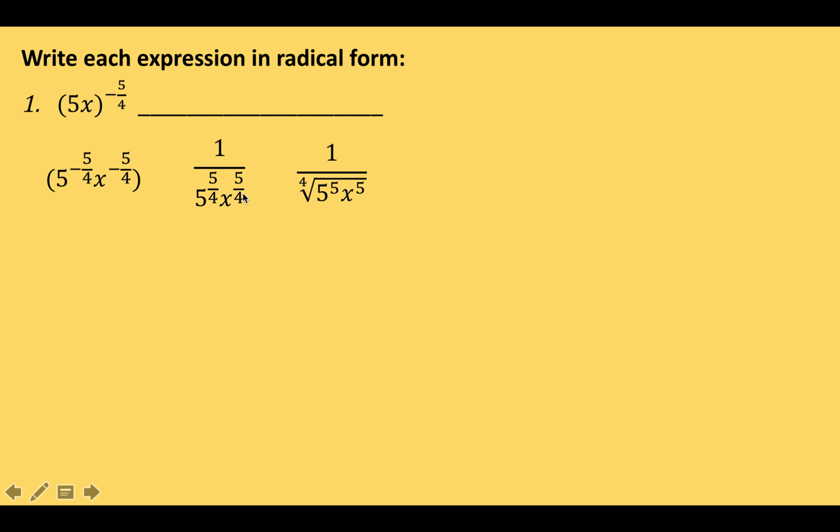And then both of my exponents have a denominator of 4, so our 4 came on the outside of the radical, and our 5s stayed in our exponents. Now simplifying 5 to the 5th, we have 25x to the 5th, and we cannot simplify anymore.